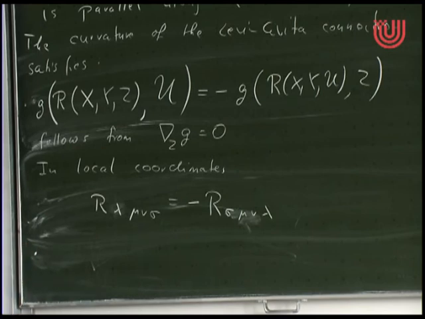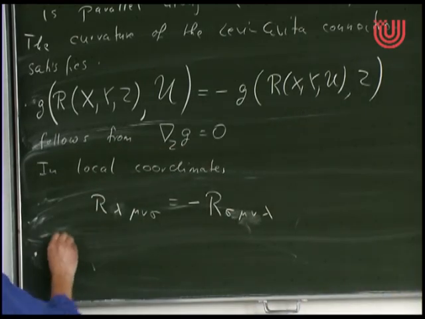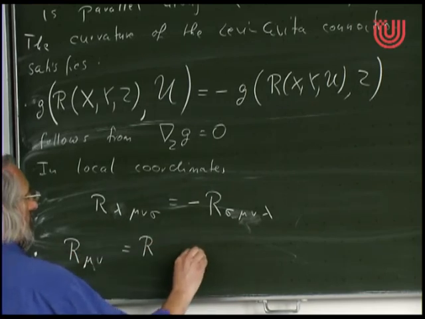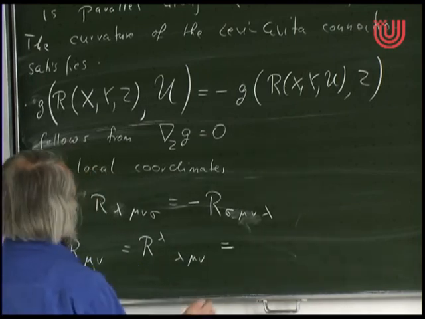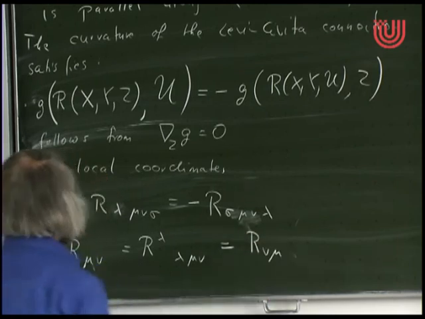And the second property follows from this one. Namely, this has a consequence that the Ricci tensor is symmetric. So the second property is that R_mu nu, which was defined in the following way, that we contract over the first pair of indices, is the same as R_nu mu.